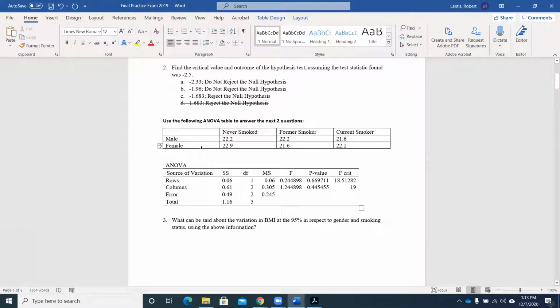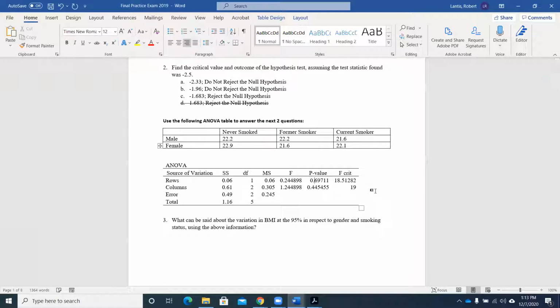So what we're really saying is that if we fail to reject the null, then even holding constant someone's smoking status, there's no difference between the genders in BMI. Okay? So we can't say that there's any significant difference in BMI related to gender, holding constant the individual's smoking status.